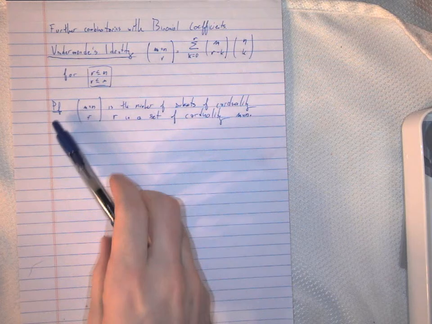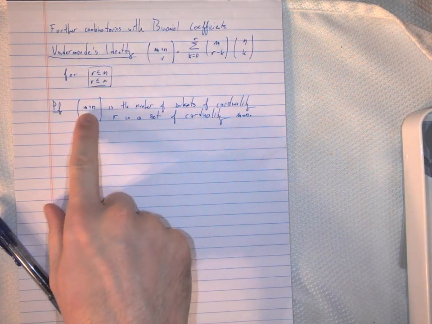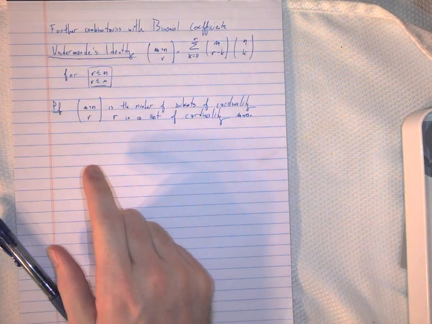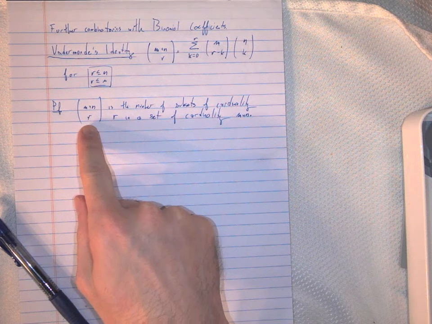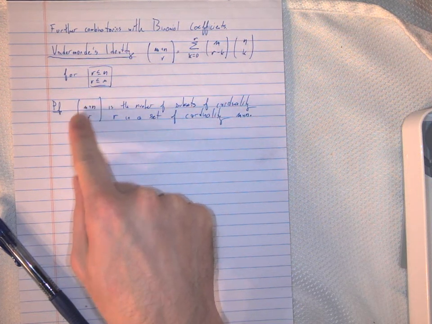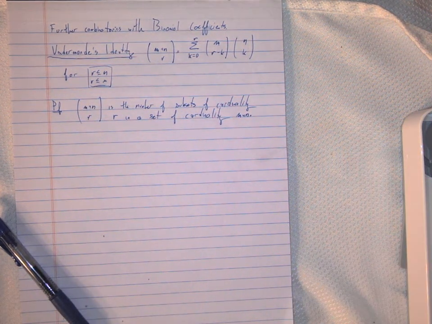So this is just saying, if you start with a set of size m plus n, how many ways can you find size r subsets of that set? And there are precisely this number. That can be taken almost as a definition of this symbol.